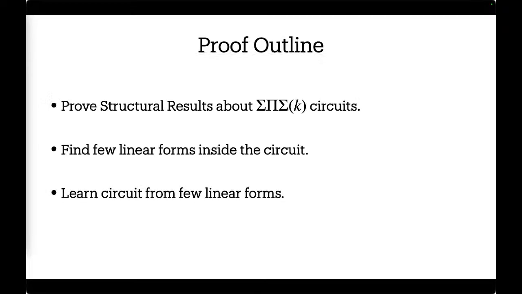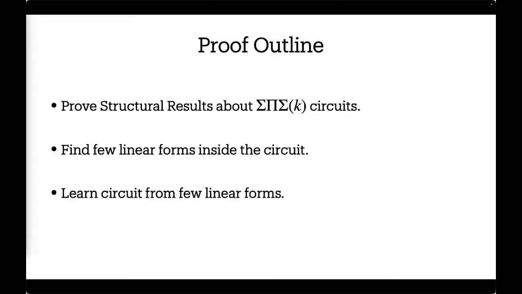Good. So now I will try to give you an idea of how we do it, right? And what problems we face. So the main outline of the proof is, at the start, we prove a bunch of structural results about the polynomial that is being computed by the model we are interested in.